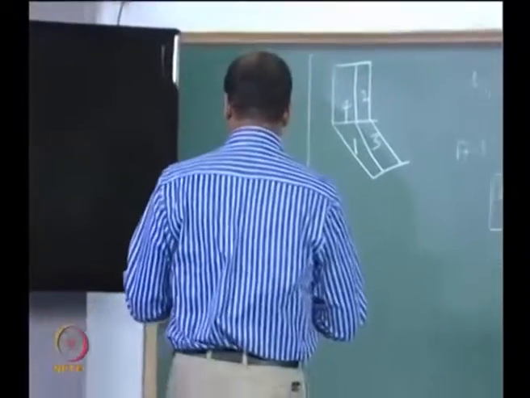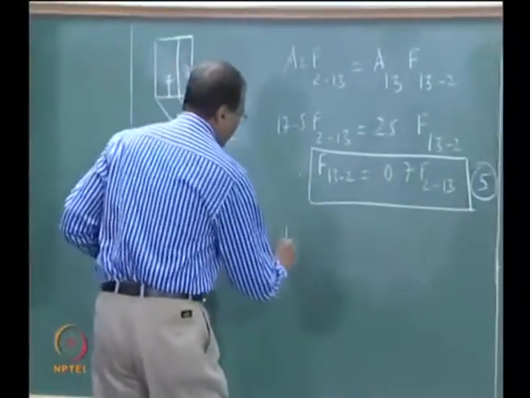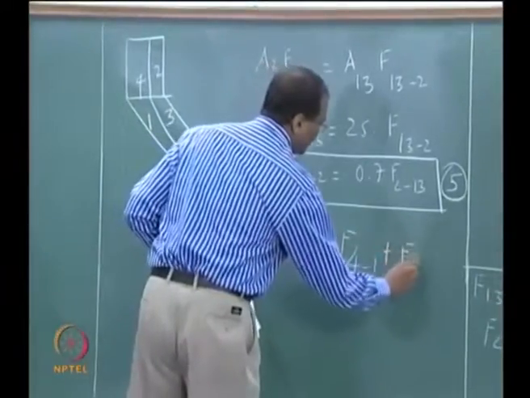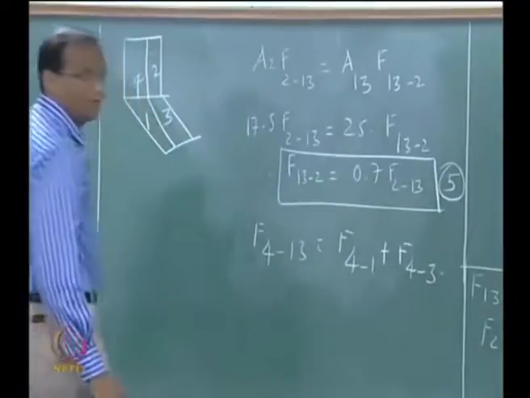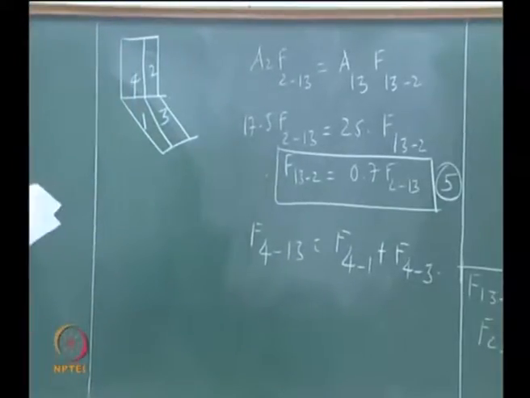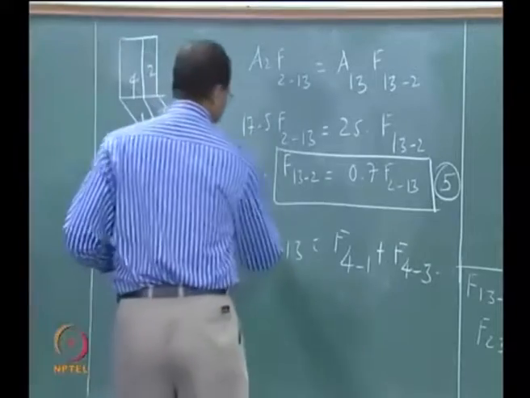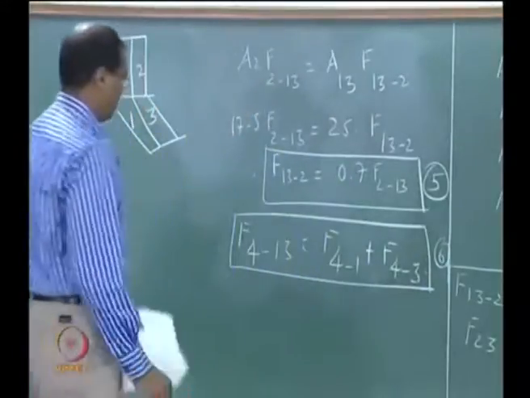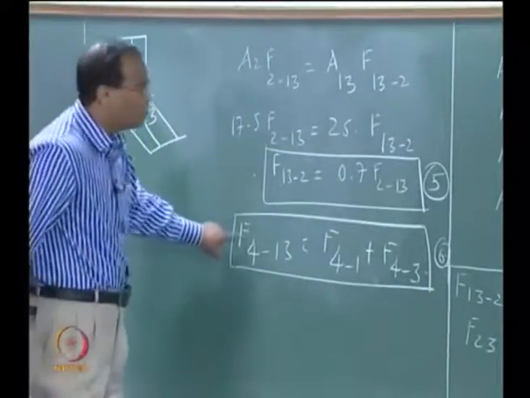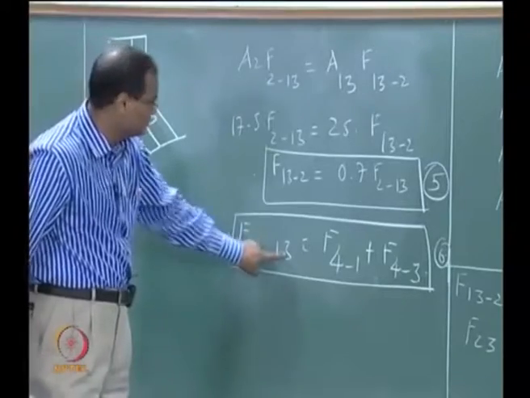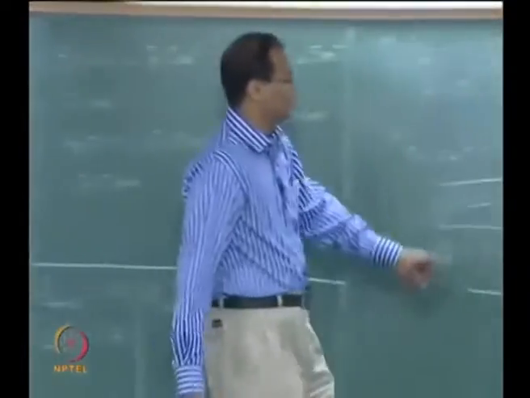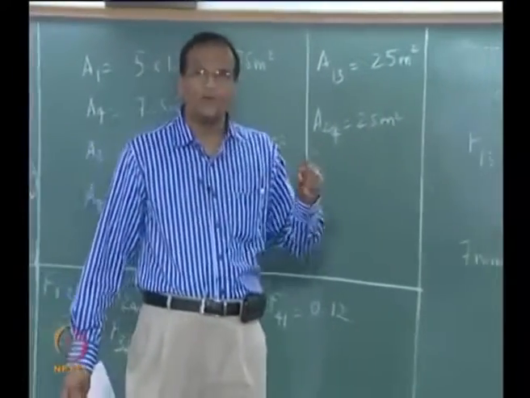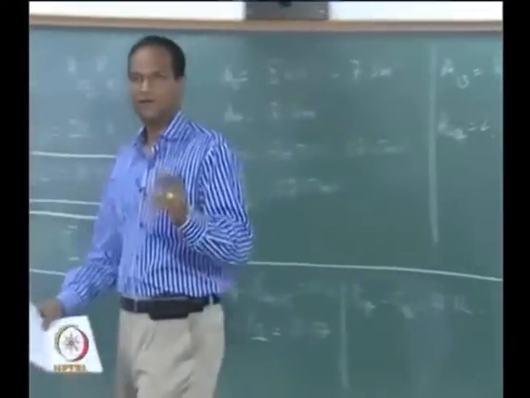Okay. Now F4 to 3 is equal to F4 to 1 plus F4 to 3, correct? And this is 6. As far as F4 to 13 is concerned, I am having F13 to 4 here, and the relationship between F13 to 4 and F4 to 13 is so straightforward, reciprocal rule.